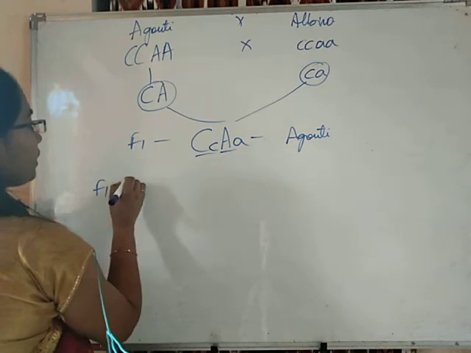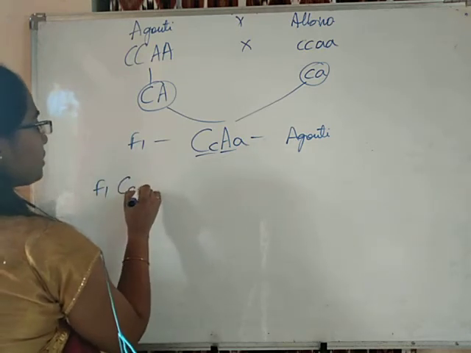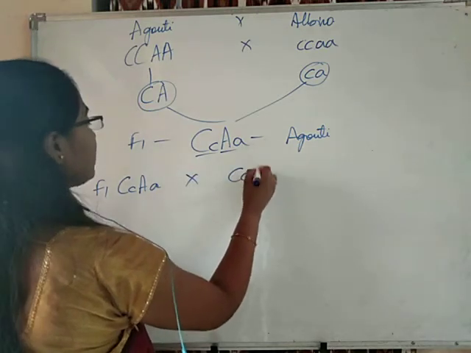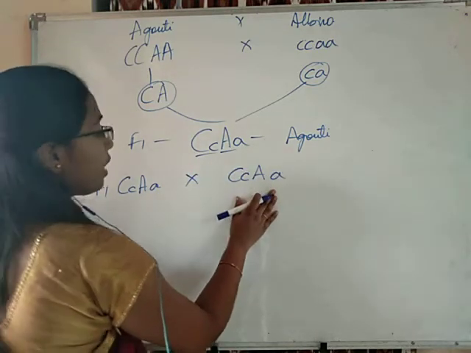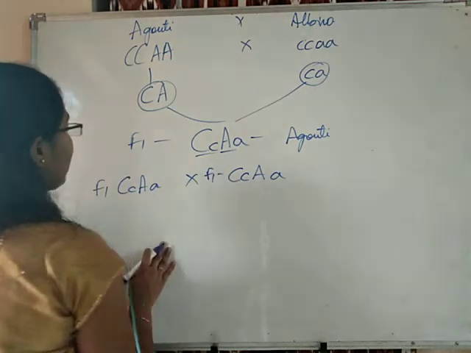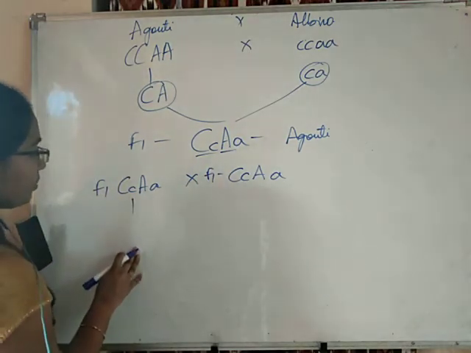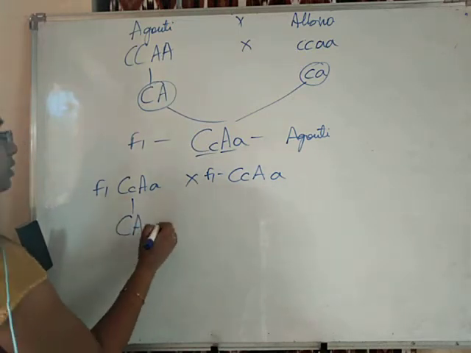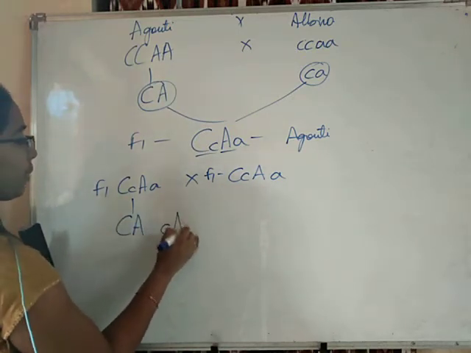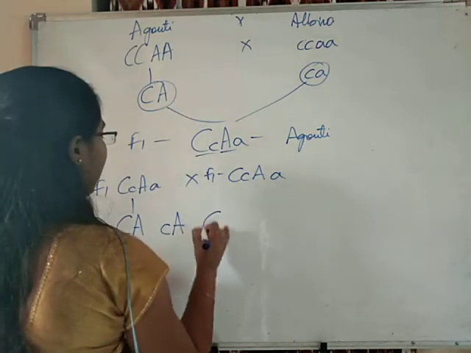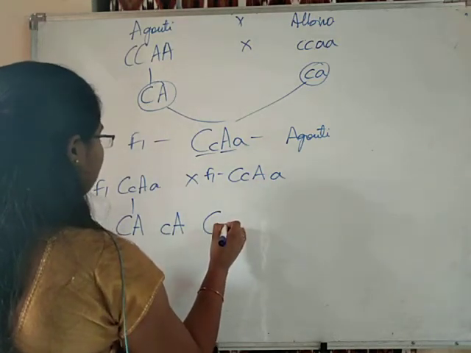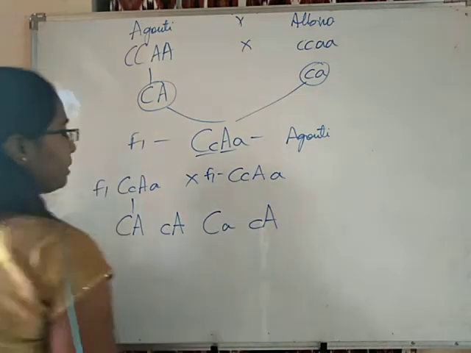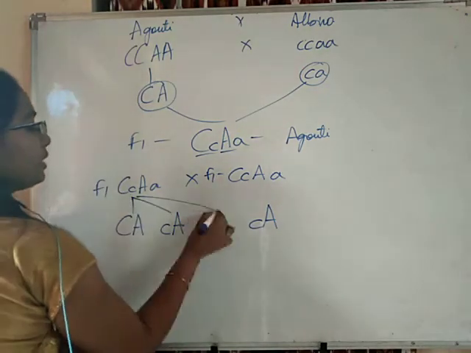When the F1 agouti, capital C, small c, capital A, capital A, is crossed with another F1 agouti of the same genotype, let us see the gametes coming from these individuals: capital C, capital A, small c, capital A. These will be the types of gametes, 25% of each.